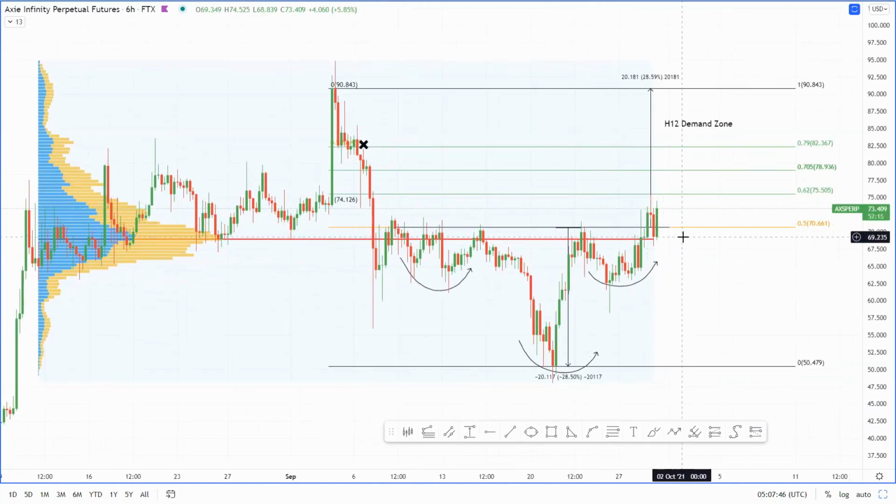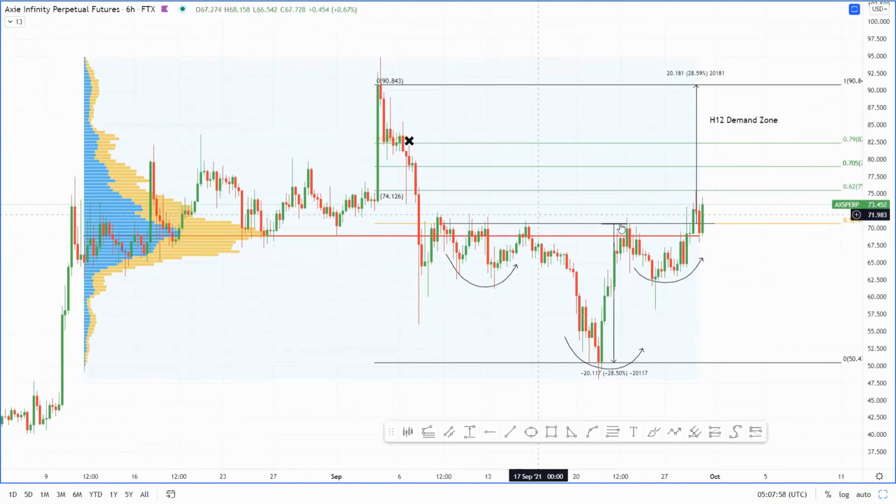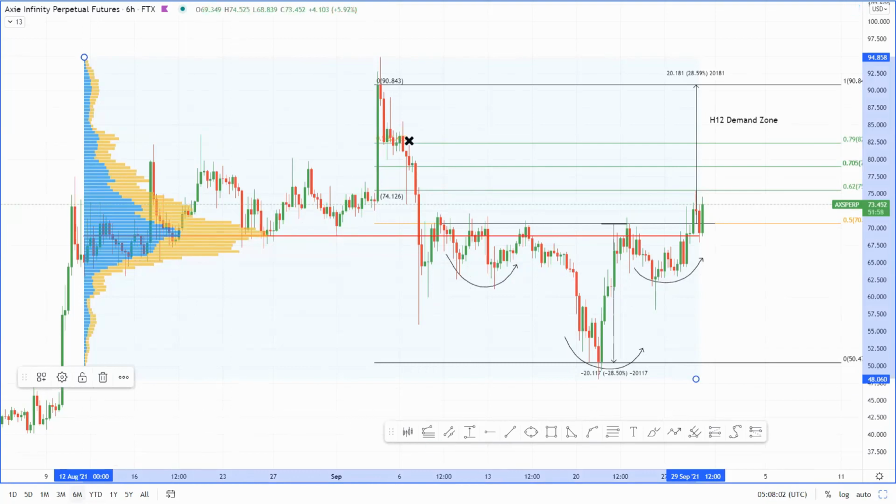From a bearish perspective, I do not want Axie Infinity to close below the 68.9 or roughly the $69 level, which coincides with the point of control of this particular trading range, right? And anything ranging between 12th August and 29th September, that's the trading data that you see over here.